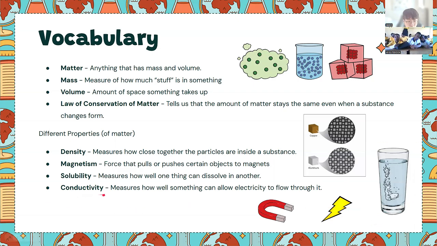And the last one, conductivity, is also pretty simple. It measures how well something can allow electricity to flow through it. So if there is an object in between and we pass through some electricity, if electricity can go directly through the object, then it conducts electricity, and if it doesn't, it does not.